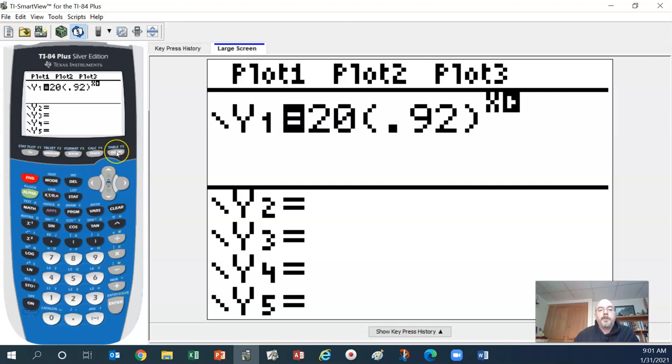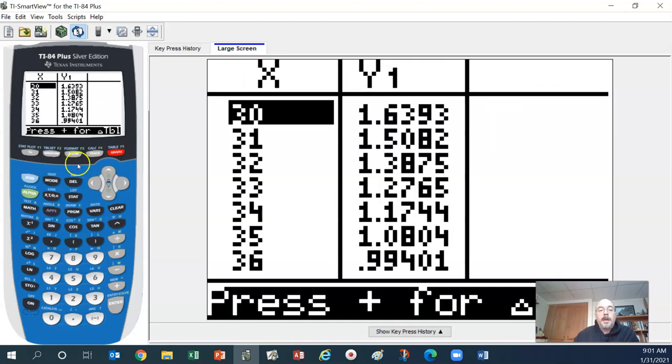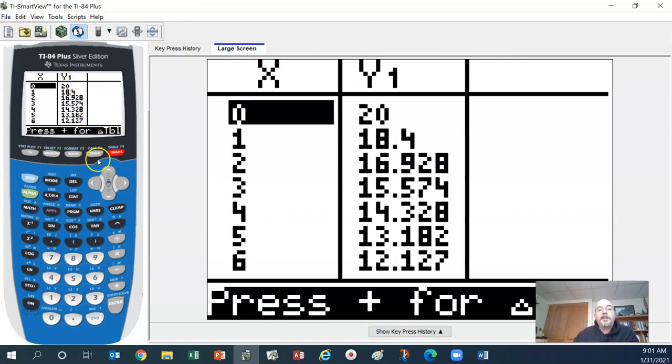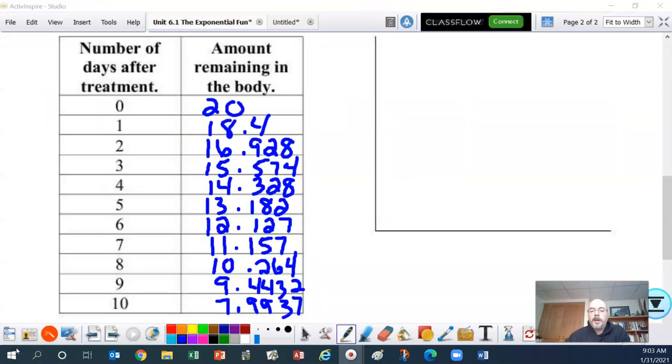Then I'm going to go to my table, and I'm going to need to go all the way back to 0. A little trick here, or you can just scroll there. And I'm going to fill in the table. So I'm going to pause again. You could pause, type that into your calculator, and fill in the table. I'll be right back. All right, I filled in the table. Looks pretty good. Hopefully your table matches.